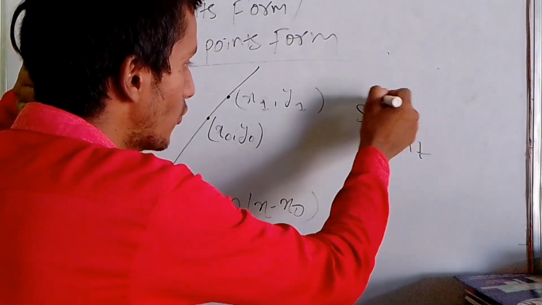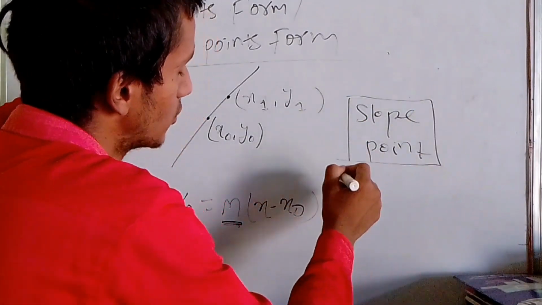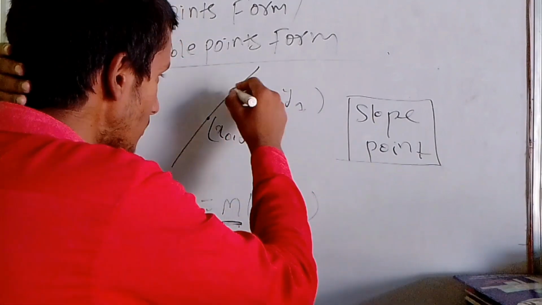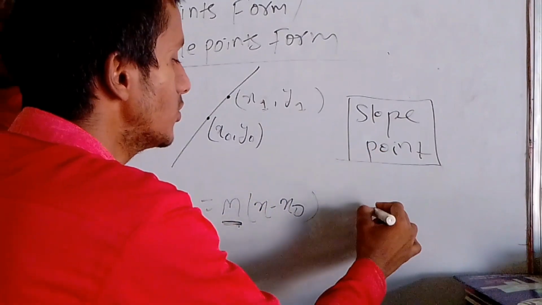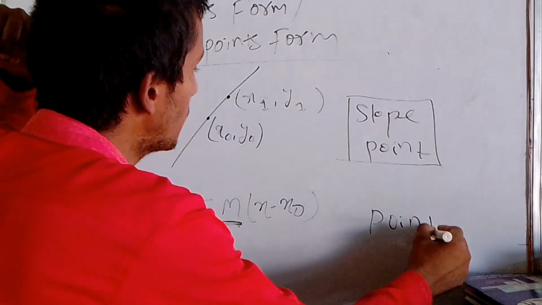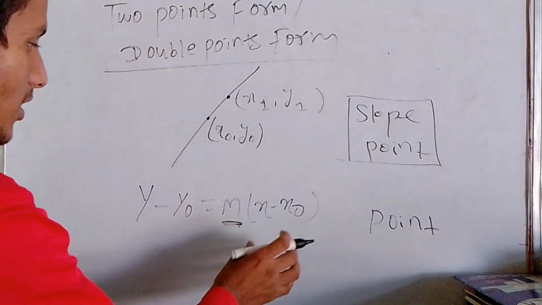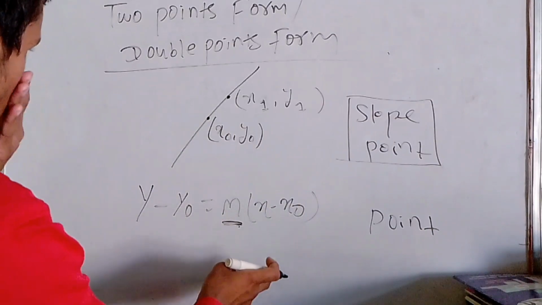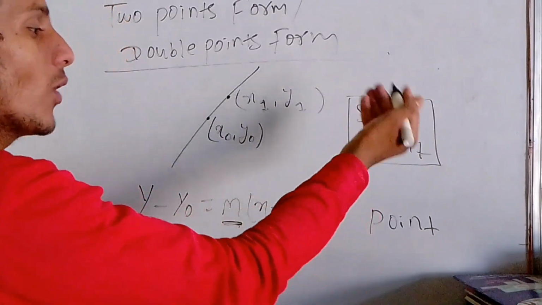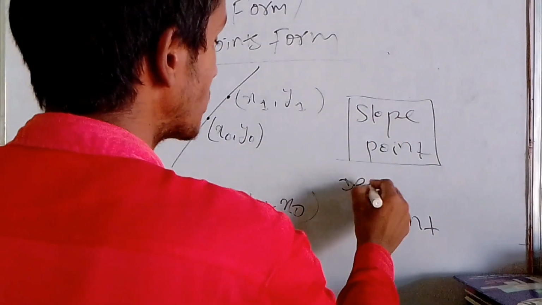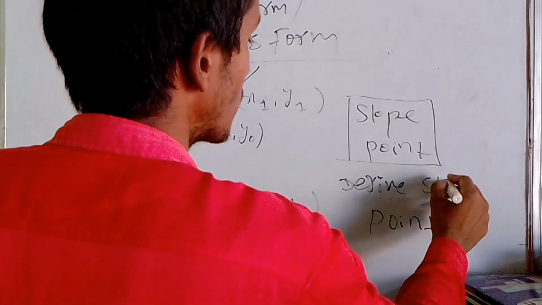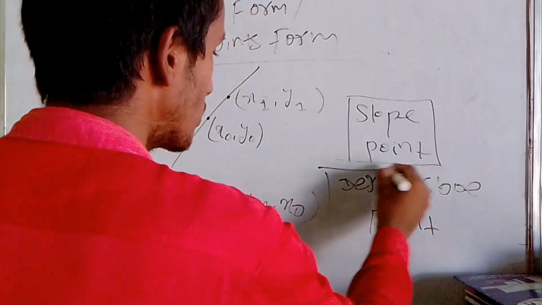Here the two points are known, so we're going to use either of the points, any point you like, to derive this equation. And one extra thing we're going to do is derive its slope as well. So for this form we're going to do this.